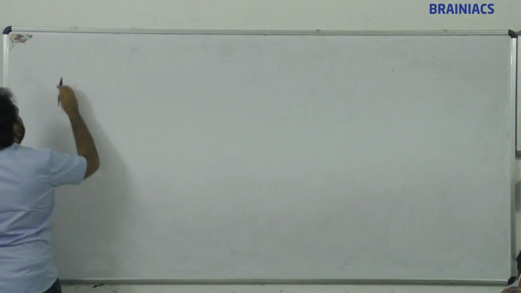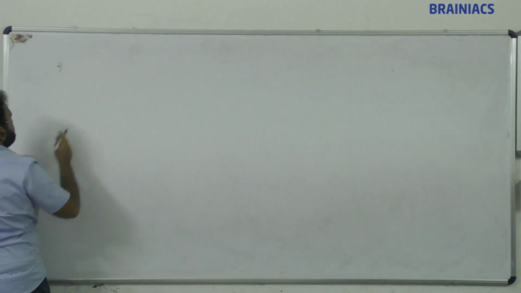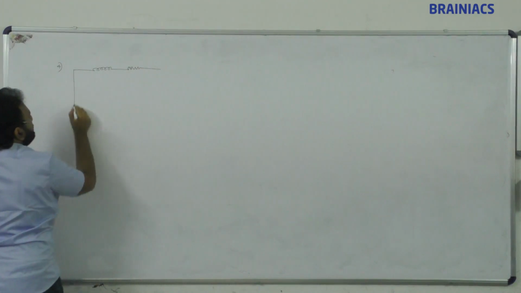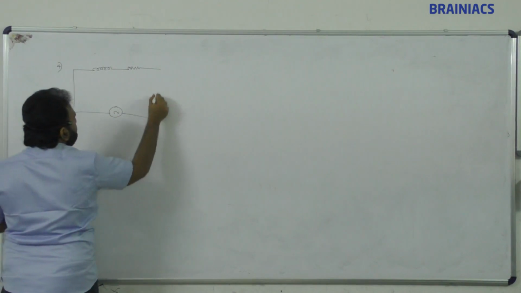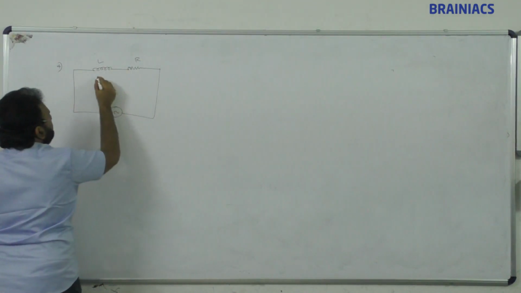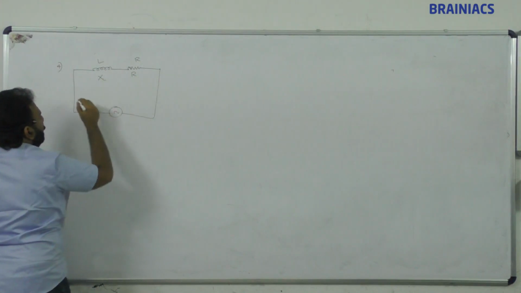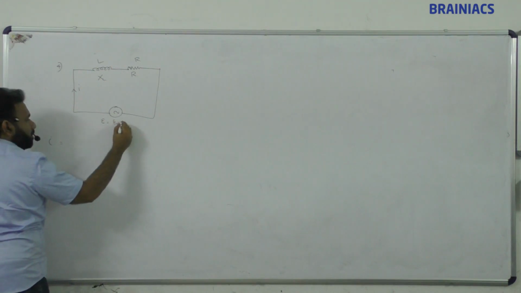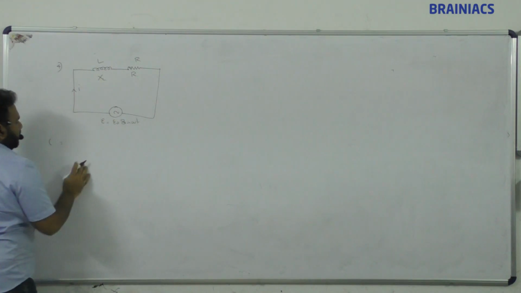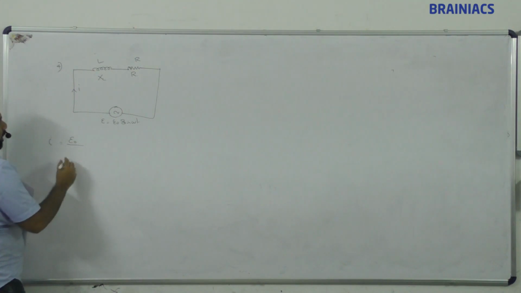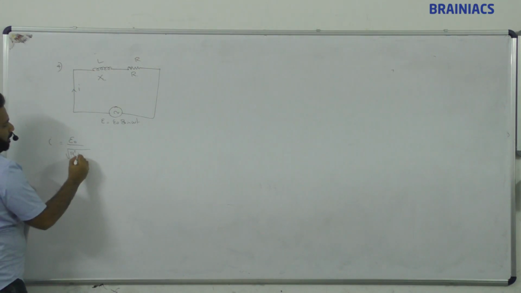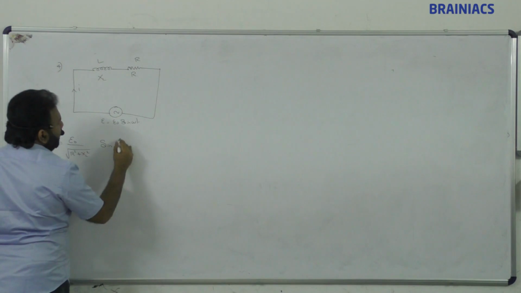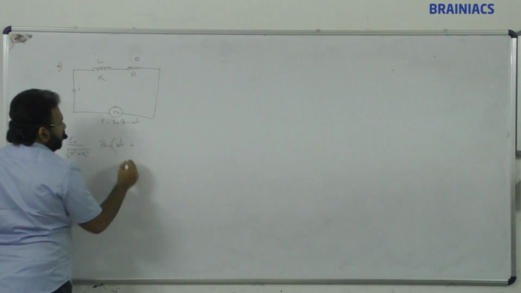So I am just summarizing. The fourth one, let us take inductance and resistance, with source, L and R. This is going to be XL and this is going to be R. So current I is E naught sin omega t divided by root of R square plus XL square, sin omega t plus phi.